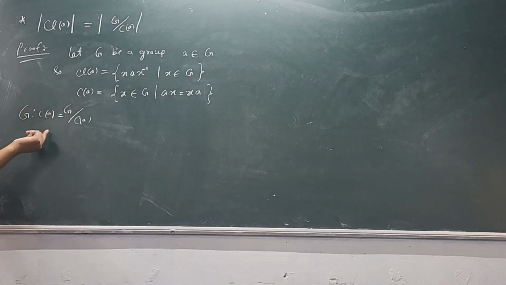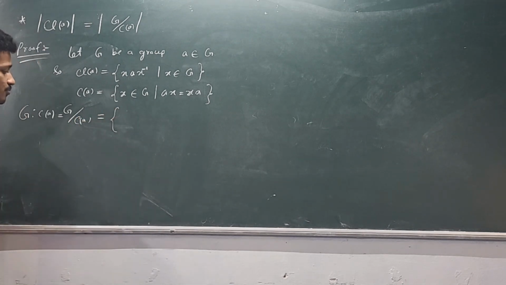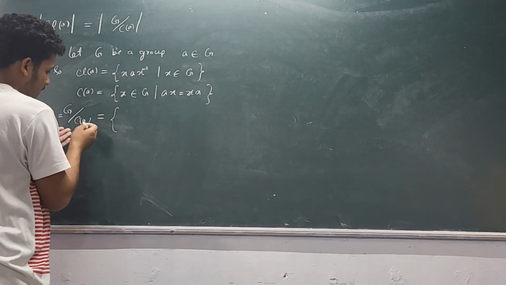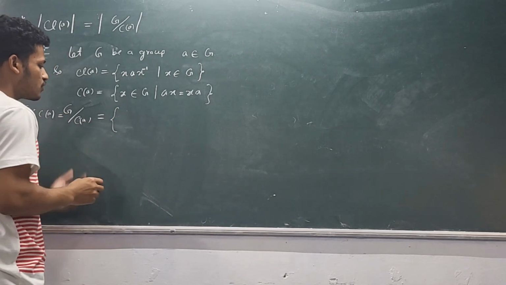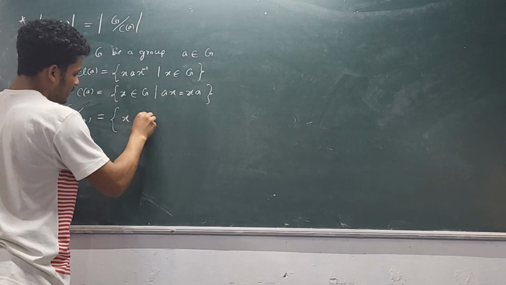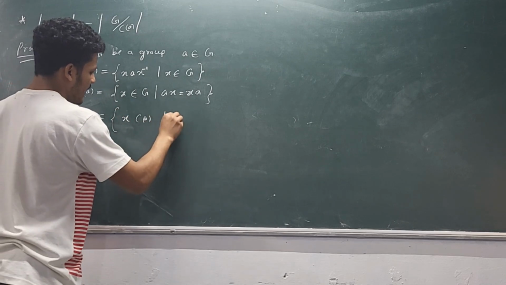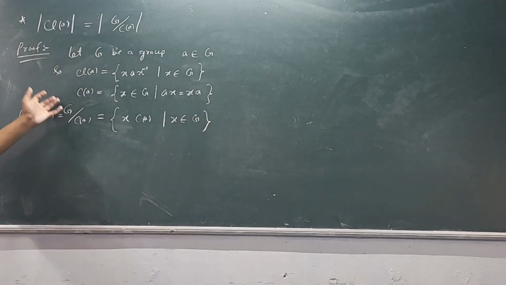Both are the same. This is the factor group, the set of all left cosets XCA such that X belongs to G.